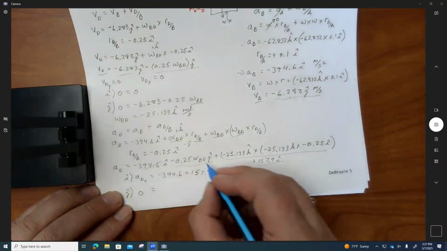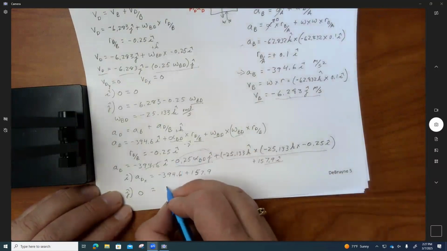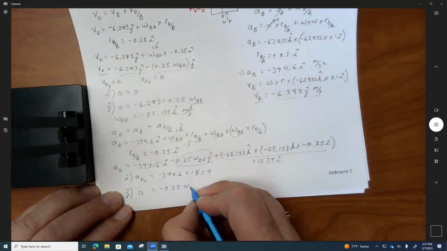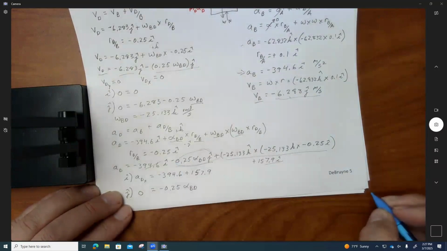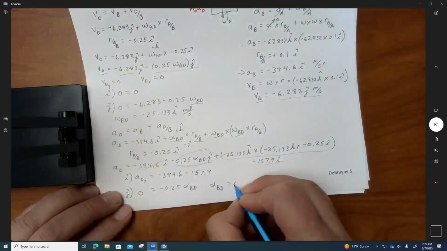And my only y component is the tangential acceleration of minus 0.25 alpha BD, so that means my alpha BD is going to be equal to 0.